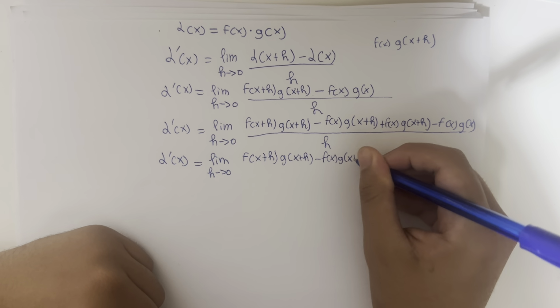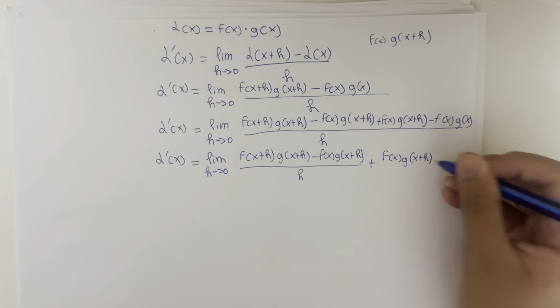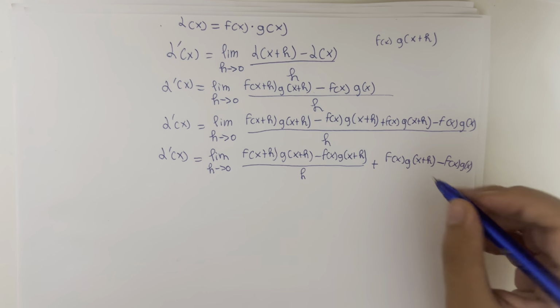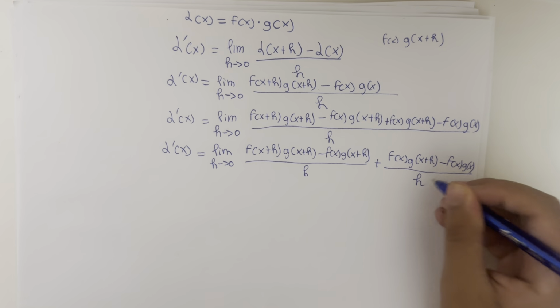And then to that, we're going to add f of x times g of x plus h minus f of x times g of x, and we have that over h.